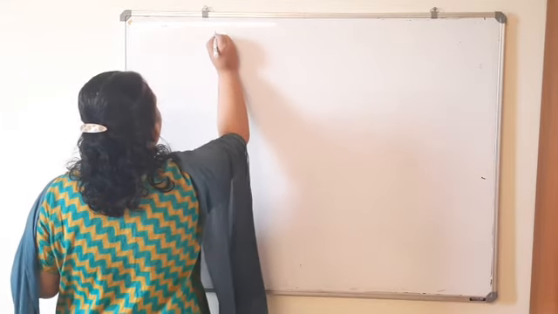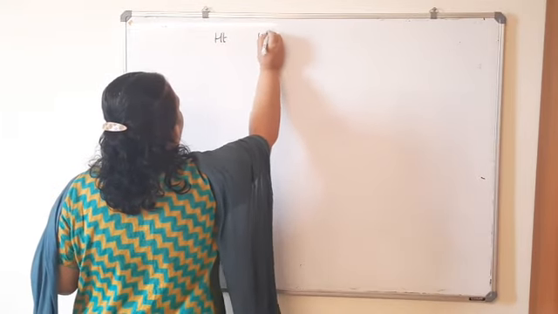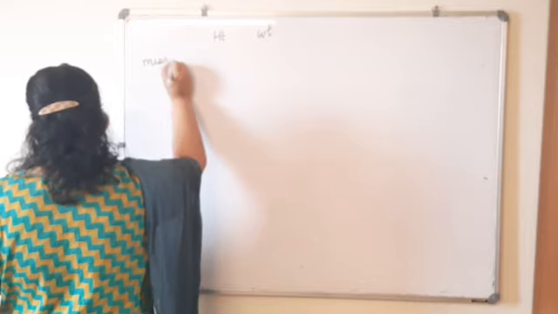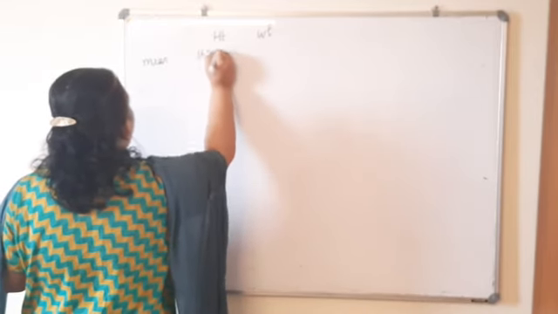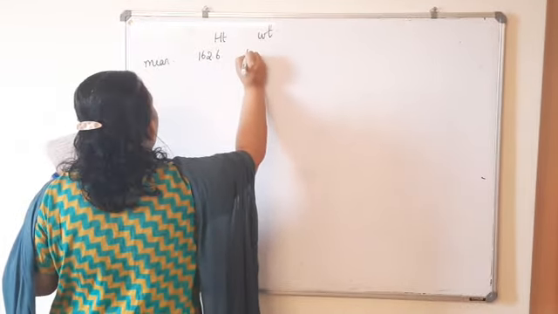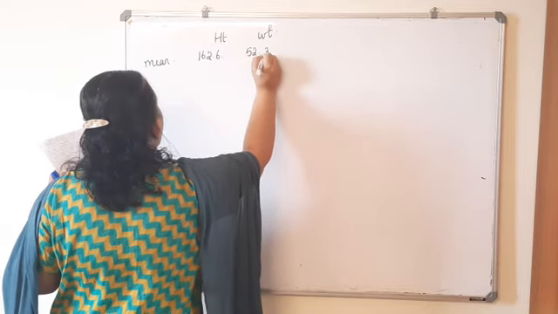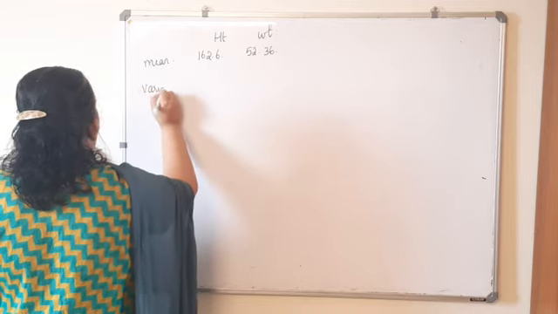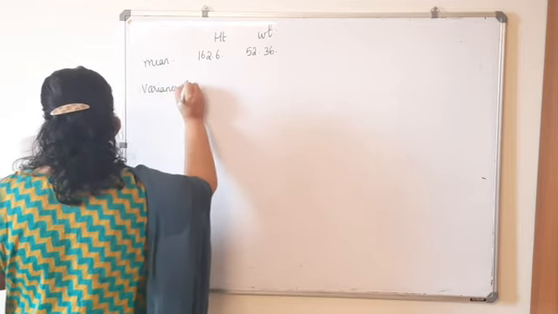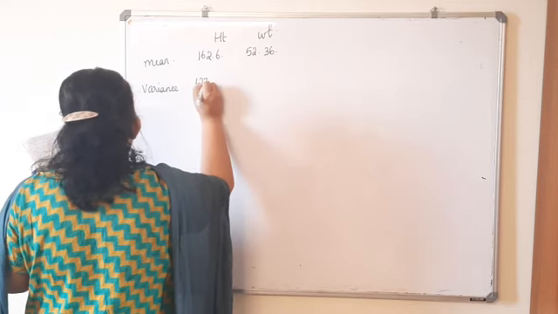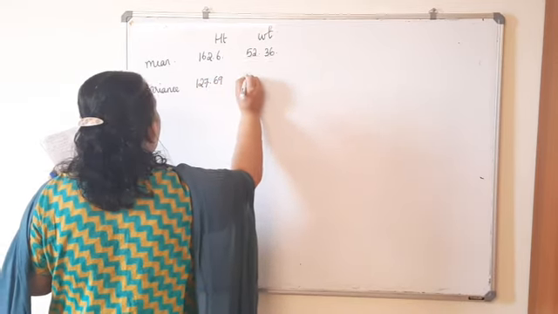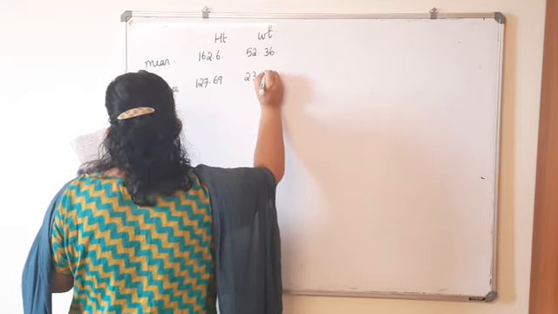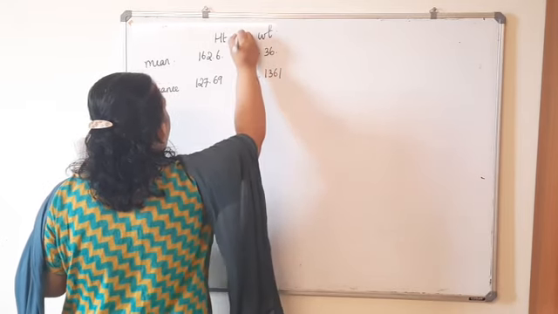The data is given as height, weight, mean 162.6, weight 52.36, variance 127.69, 23.1361.